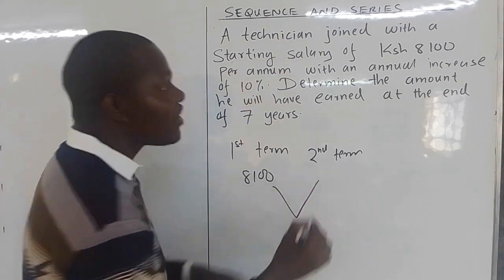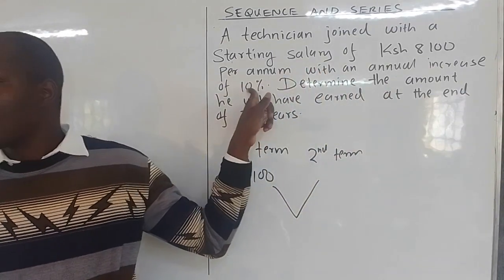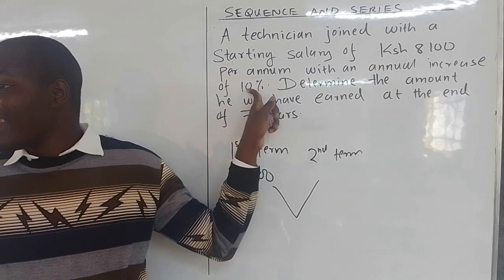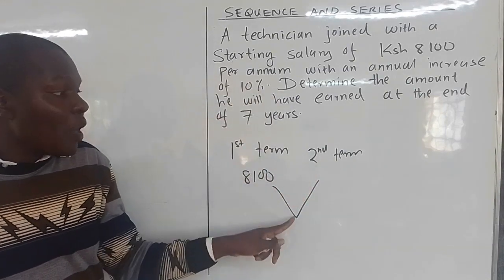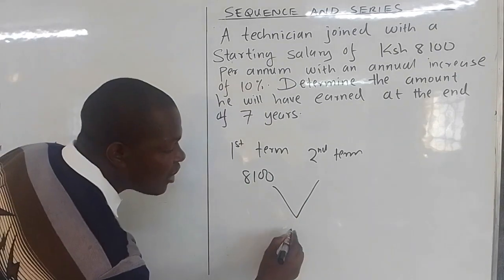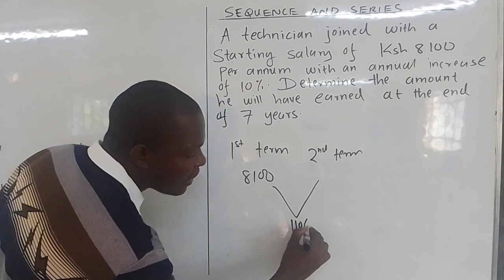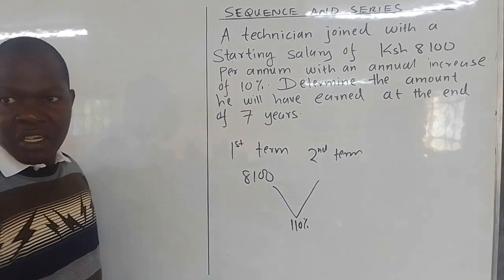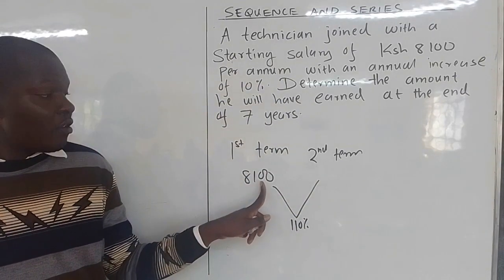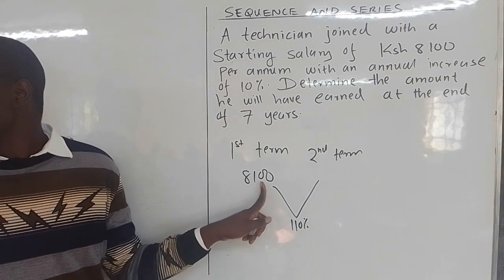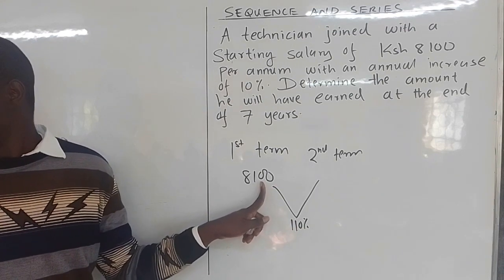You've been told it is an annual increase of 10%, so it will be 10% plus 100%, meaning at the end of the second year it will be 110% of 8,100. Are you seeing that?